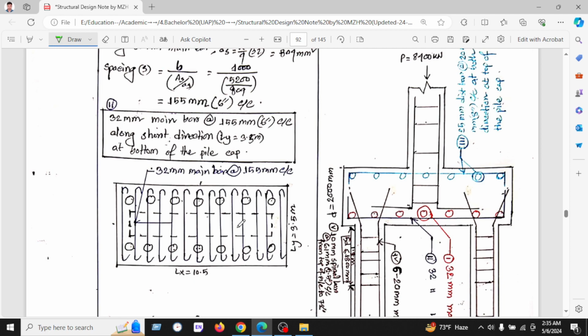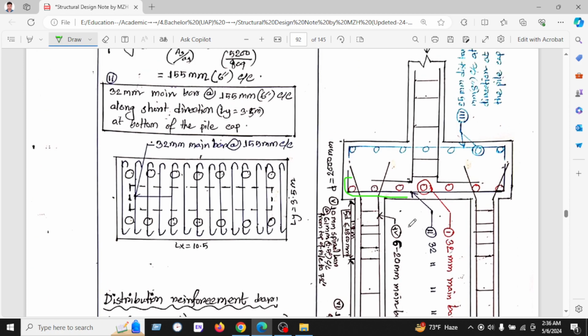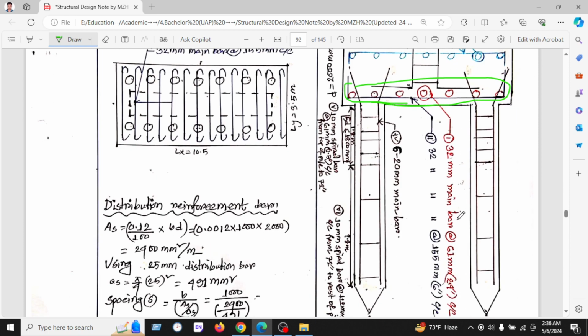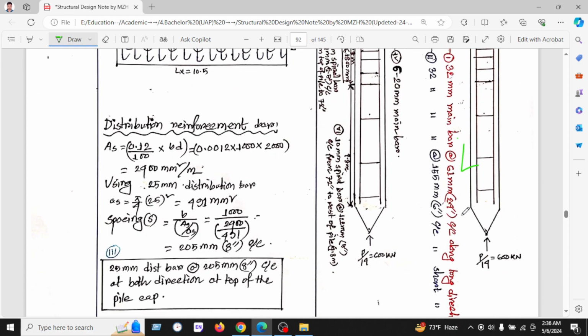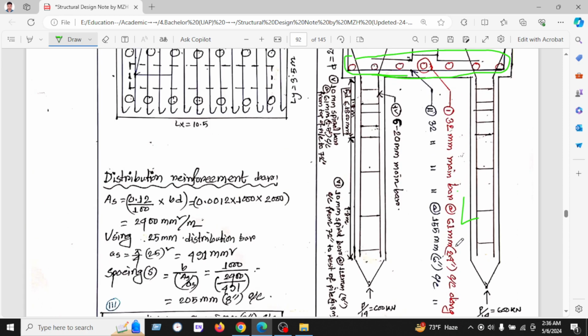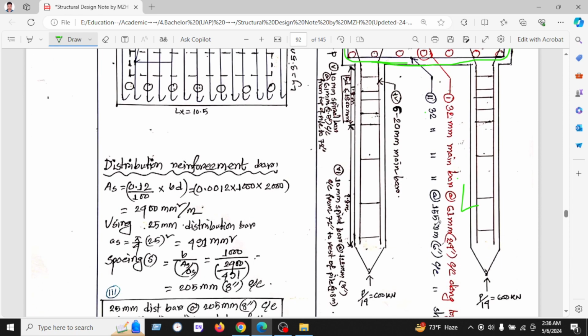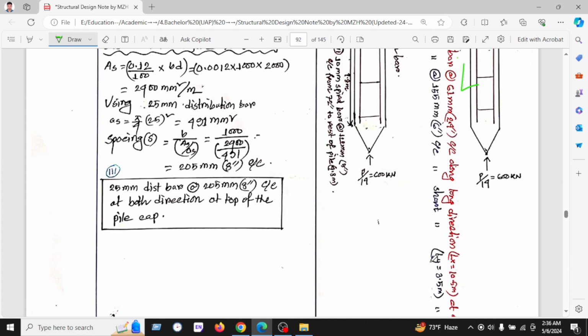Here is the reinforcement calculation. If we see this figure, we have found this type of reinforcement: one is a 32 millimeter main reinforcement bar at 61 millimeter center by center, and another is a 32 millimeter main bar at the rate of 155 millimeter center by center.